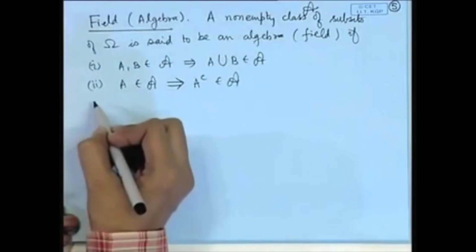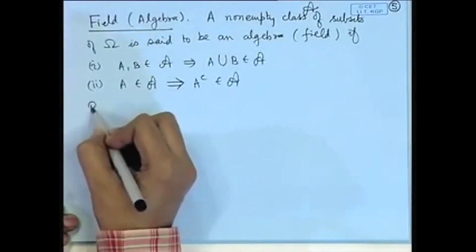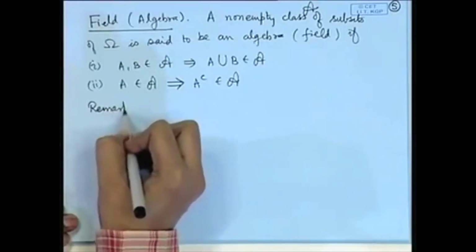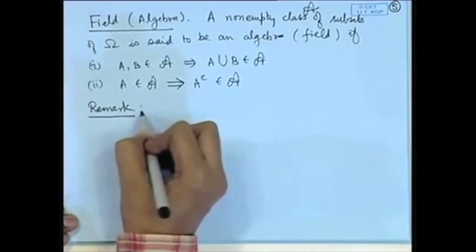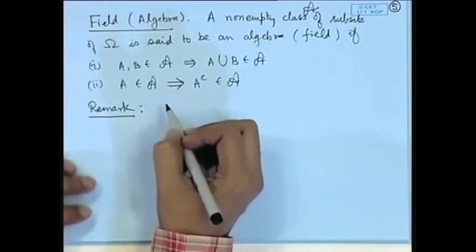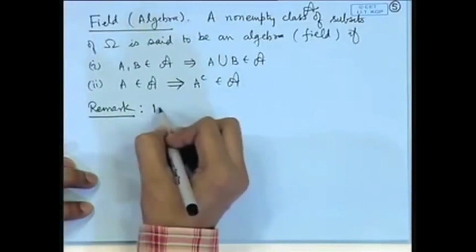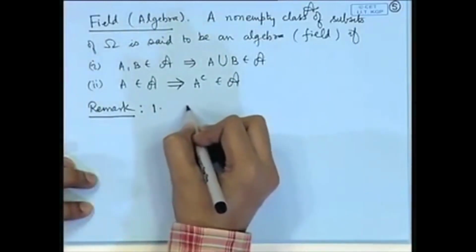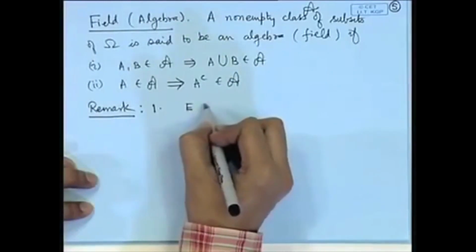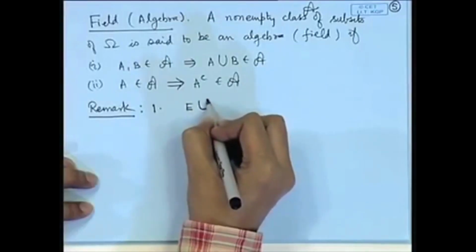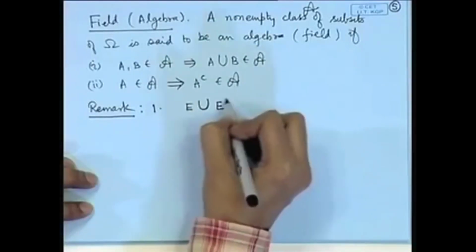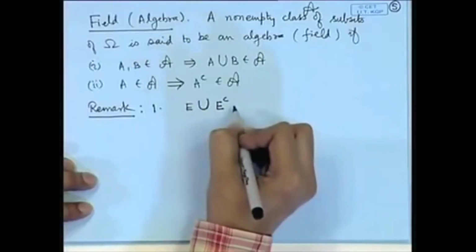So, now let us look at the consequences of this definition. How does it behave with respect to a ring? The first is that given any set E, its complement will be there, and therefore the union E union E complement will be there.